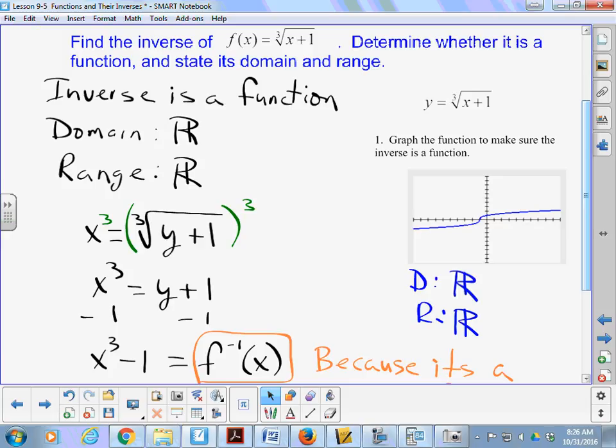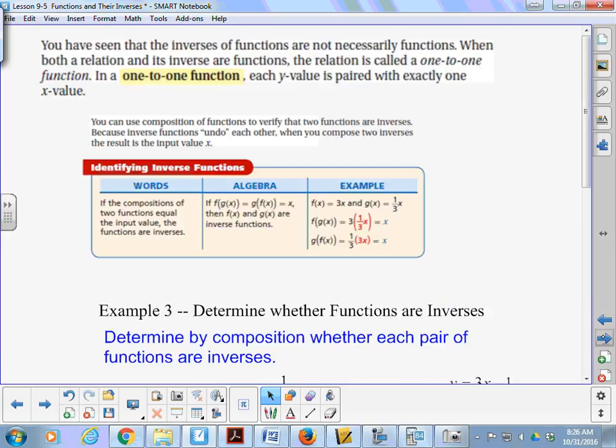So if it's a graph where it's always increasing or always decreasing, then it's a one-to-one function. Because for every value of x, there's one value of y, and for every value of y, there's one value of x. So the domain and range of those two are always all real numbers.